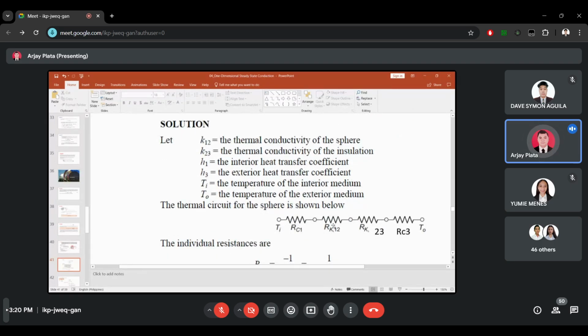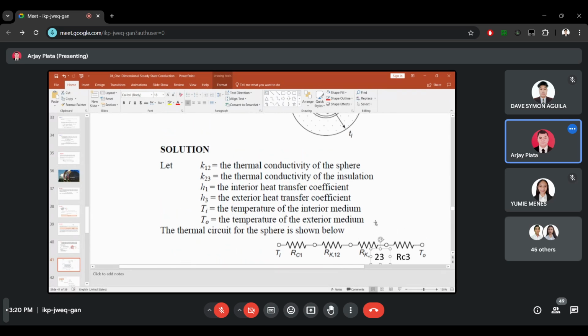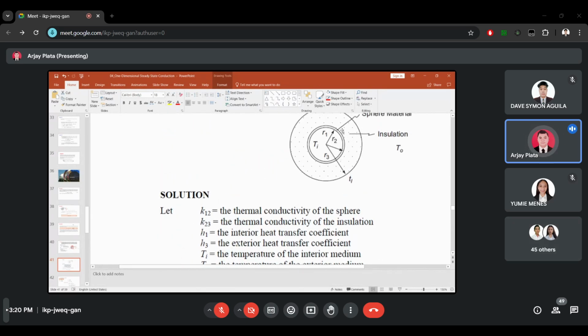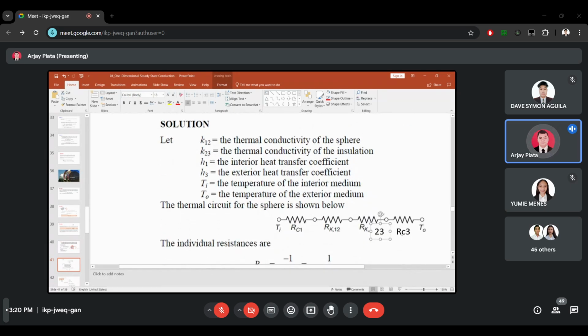That's why we have RK12. We have RK23 because we have conduction from the outside of the sphere going to the insulation outside. That's why we have 2, 3.